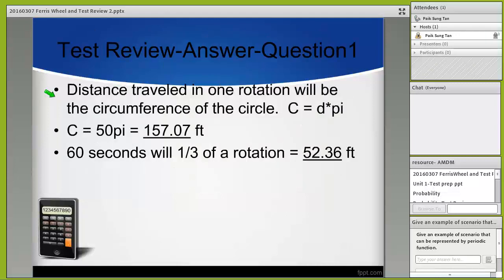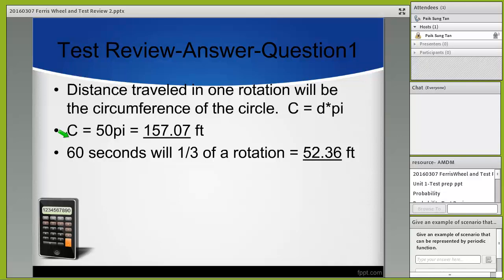The distance traveled in one rotation will be the circumference of the circle. C equals the diameter times pi. In this case, since the diameter is 50 feet, times pi, I will have 157.07 feet as my circumference.